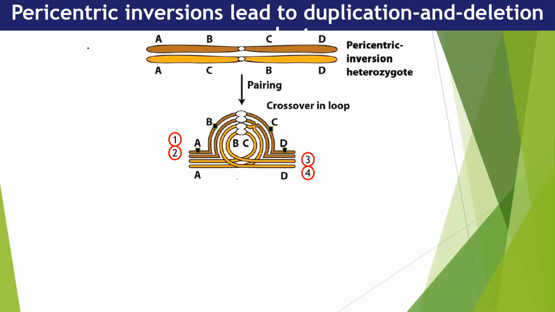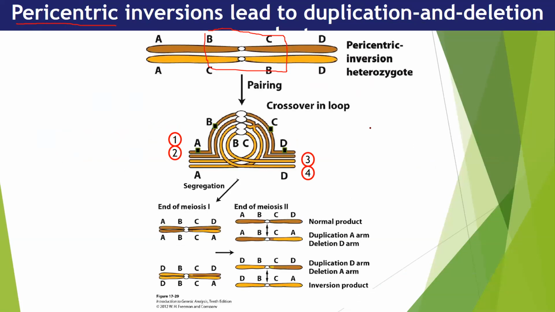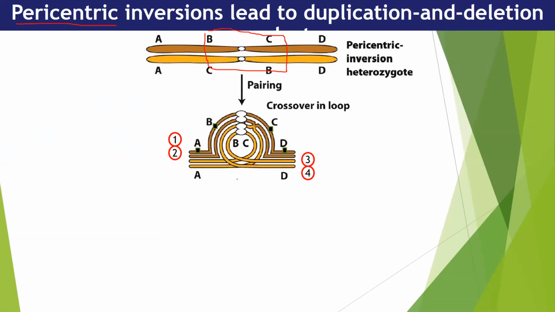Okay, so then we learned, for example, if this is a pericentric inversion, meaning the inversion involves the centromere, this form is a little bit easier. We learned what the resultant gametes would be if a crossover occurs within this inversion region.